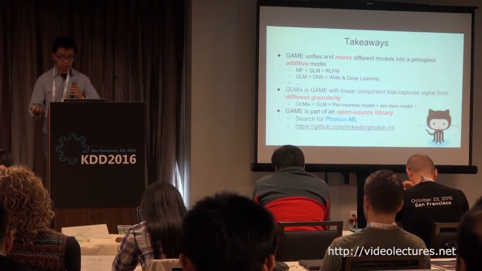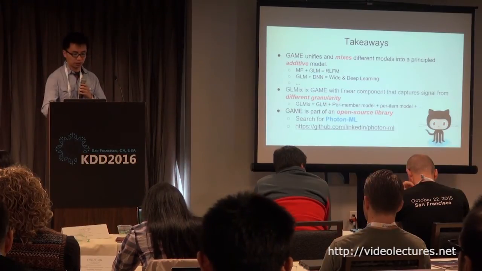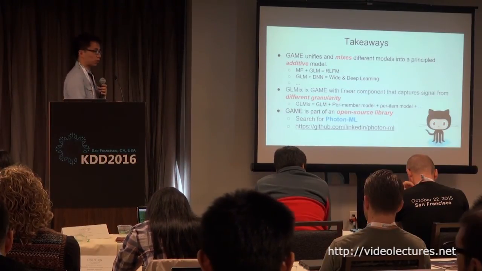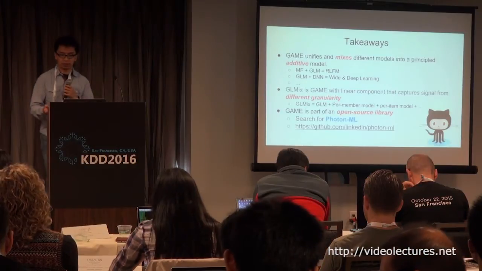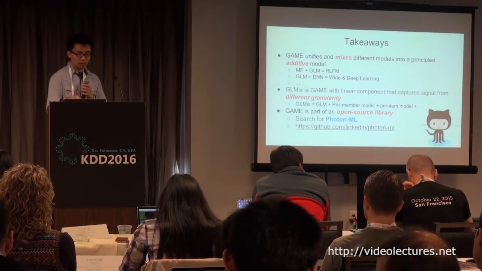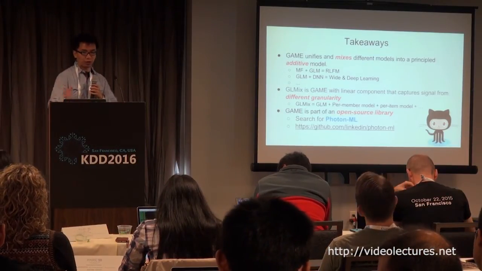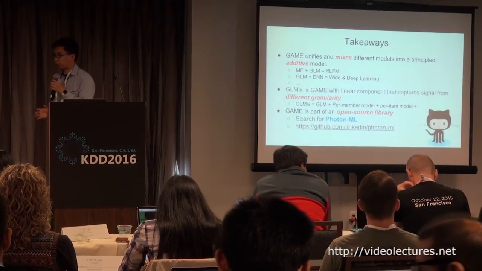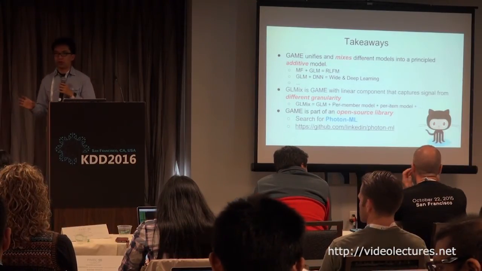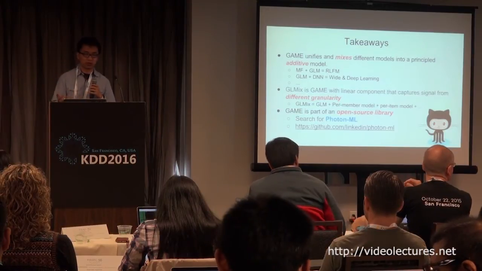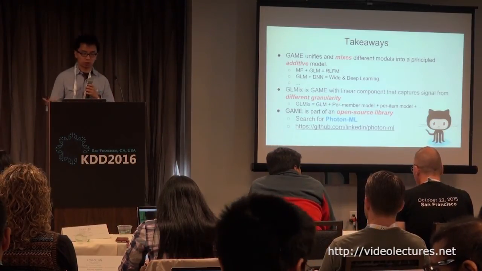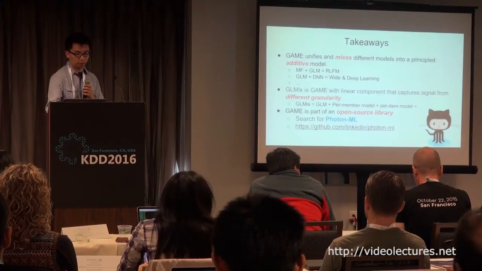That's the type of thing we want to deliver here. GAME is something we open sourced. You can already try it at hand, and you can contribute. Because it's open source software, we also welcome all kinds of contributions back from the community. We want to hear the feedback and what your thoughts are about Photon ML.